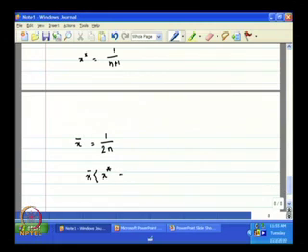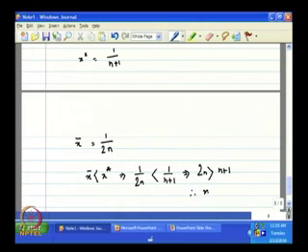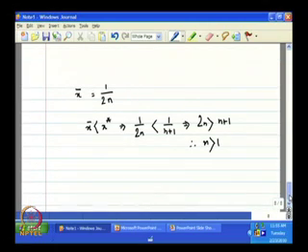Why? If this is true, then this must be true, which means that 2n is greater than n plus 1, which means n is greater than 1, which is true. The number of firms in this model has to be greater than 1, because if it is equal to 1, the model loses its very core, that there are firms which are taking decisions interdependently.